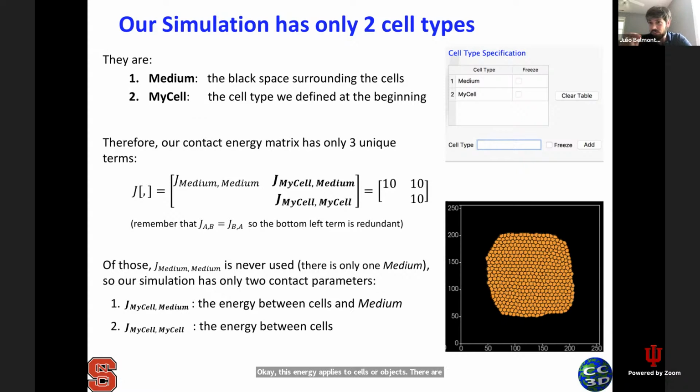A cell pixel does not interact with a pixel inside the same cell, and a medium pixel does not interact with another medium pixel because you only have one medium. So effectively, you only have two contact energies in this simulation: the energy between cells and medium, and the contact energy between different cells. You only have these two values here on the right in bold.